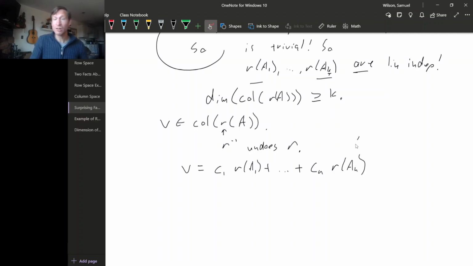We have to use all of these, not just up to K, but up to N, because we don't know if the first k of these span the entire column space. That's what we're trying to show. So if V is in the column space, it's a linear combination of all of them.